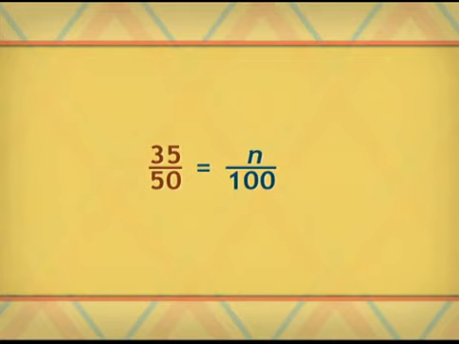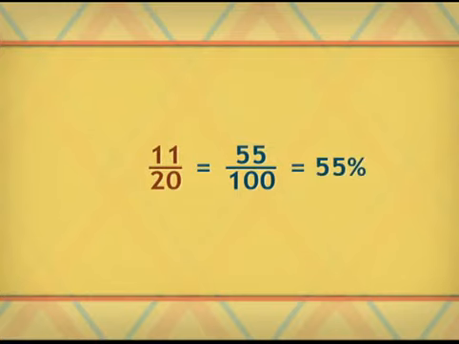Now we know that 50 times 2 will give us 100, so we also need to multiply 35 times 2. And what does that equal? That's 70. So the ratio 70 100ths is equivalent to 35 50ths. And 70 100ths tells us that the percent we're looking for is 70%. So our original ratio, 35 to 50, is equivalent to 70%.